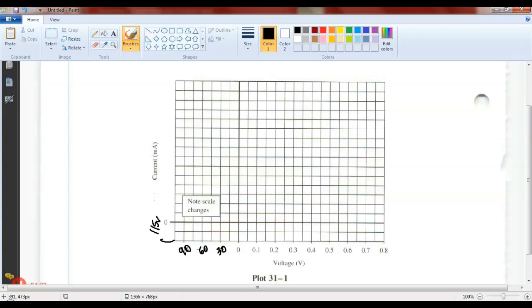And then our currents on the reverse side, we've only got 2 to work with. So what was the maximum we got out of it? Okay. So if we made this 10 nano and we made this 20 nano, then we'd start right here. What do we have at 30 volts?